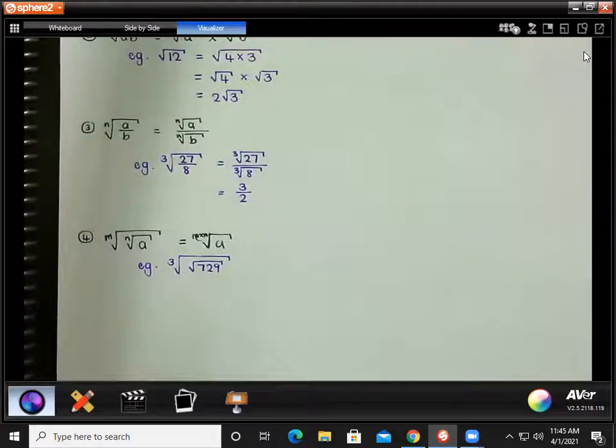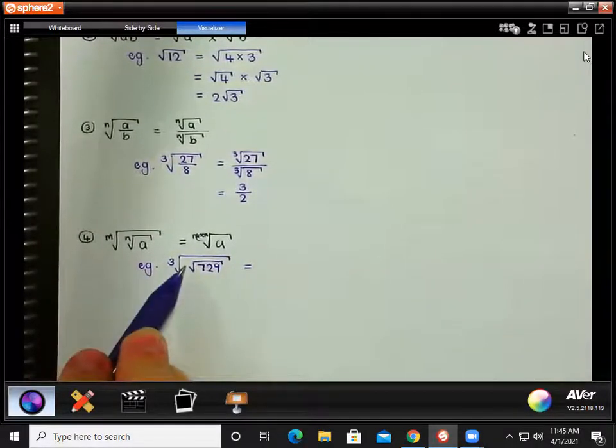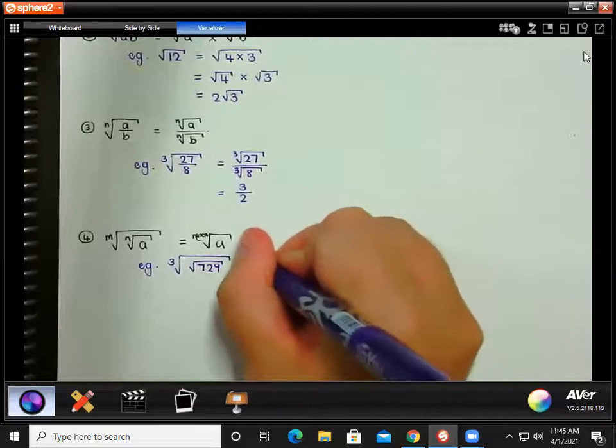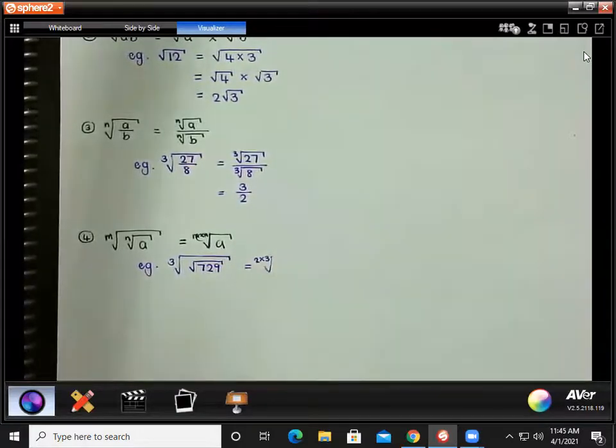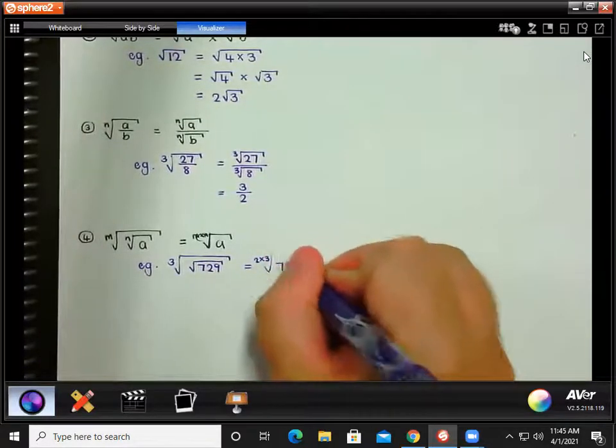So guys, if you forget this law, you could do what Robin is suggesting, and you could write this inner surd in exponential form, all right, which would be a to the 1 over n, and then all of that to the 1 over m, all right, you'll get the same answer in the end. I'll do an example like that just now, but here, there's a 3 on the outside. What number is there on the inside, even though we don't write it? It's a 2, hey. So this would actually become the 2 times 3. That would be the new number on the outside of the surd of 729.